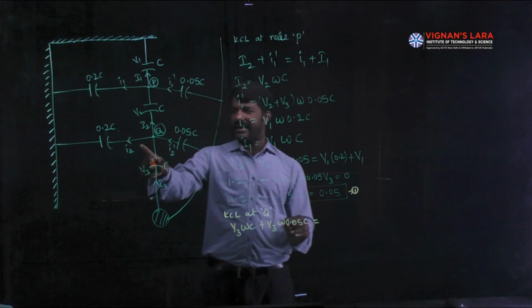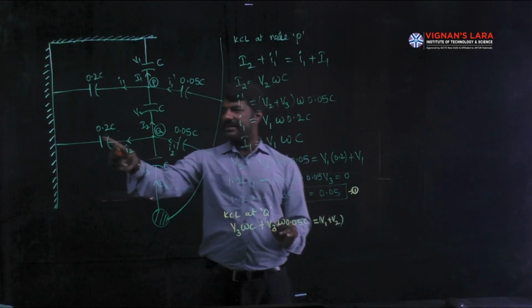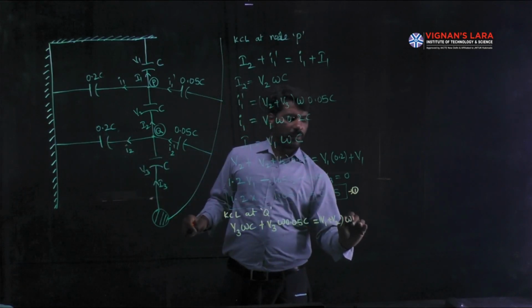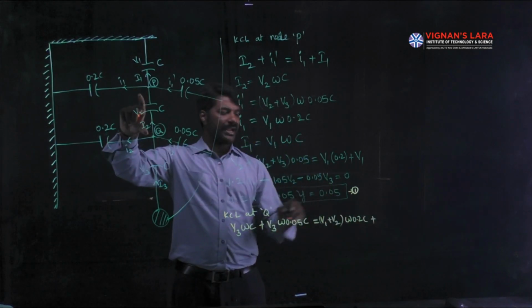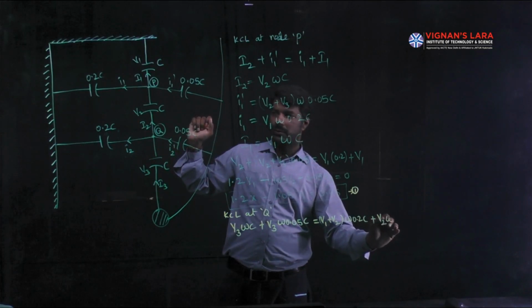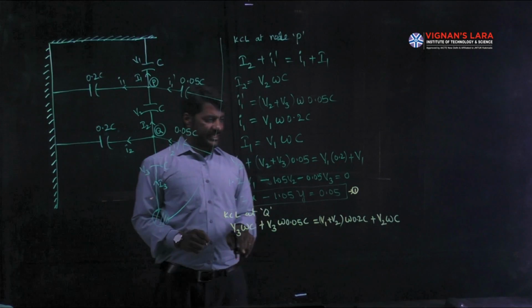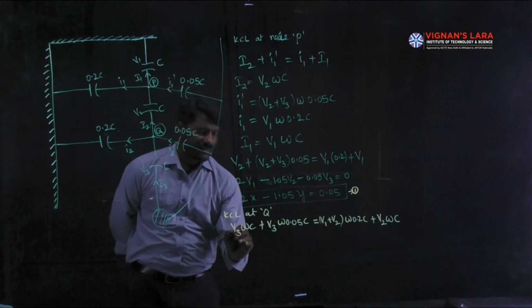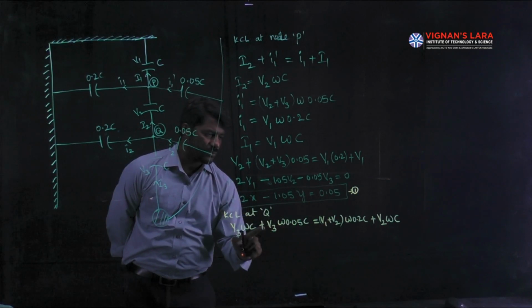The leaving current here is (V1 plus V2), the voltage against omega 0.2 C, plus the capital I2 current. The capital I2 current is V2 omega C. On all sides omega C gets cancelled, and the final term left over is V3 plus 0.05 C.